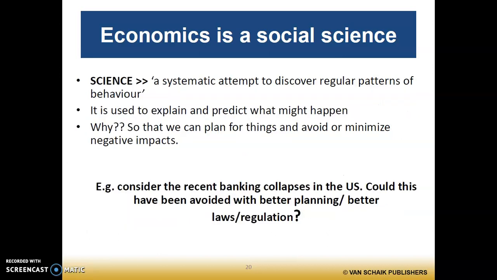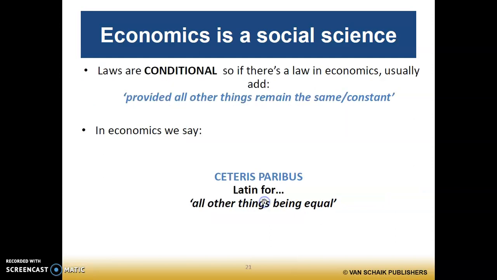So, science is a systematic attempt to discover regular patterns of behavior. It is used to explain and predict what might happen so that we can plan for things and avoid or minimize negative impacts. Laws are conditional.